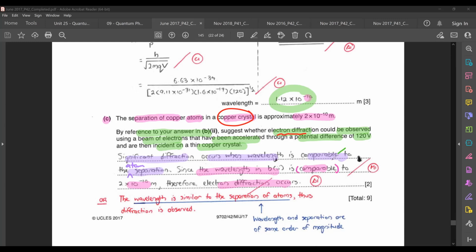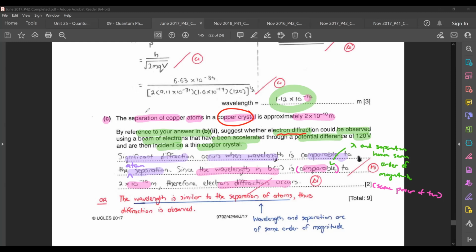What it means is that the wavelength and separation have the same order of magnitude, in other words the same power of 10.